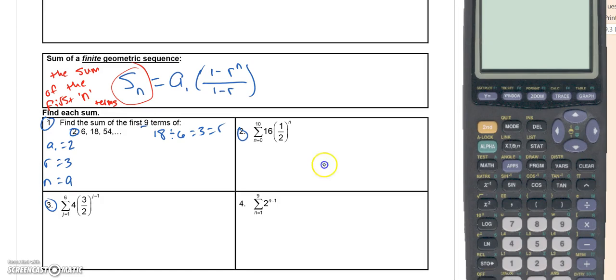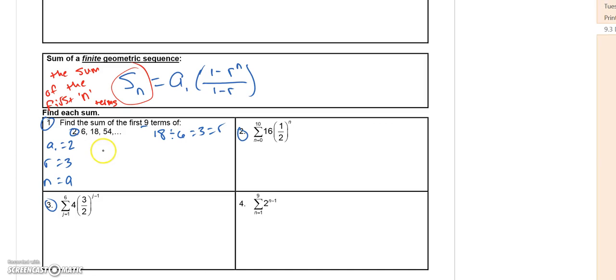So on the calculator, I need the sum of the first 9 terms. It's going to equal A1 times, and then my numerator is 1 minus 3 to the 9th over 1 minus 3. That 9 only applies to 3.